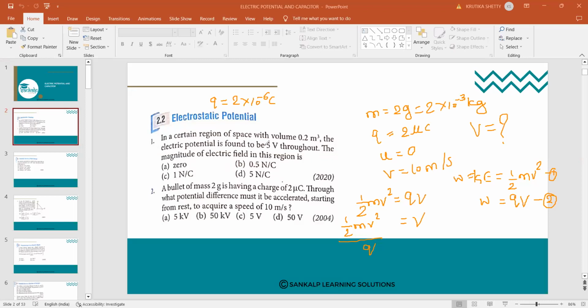Okay. And he is getting option B. Jyoti is also getting option B, 50 kilovolt. Yes, other two students.